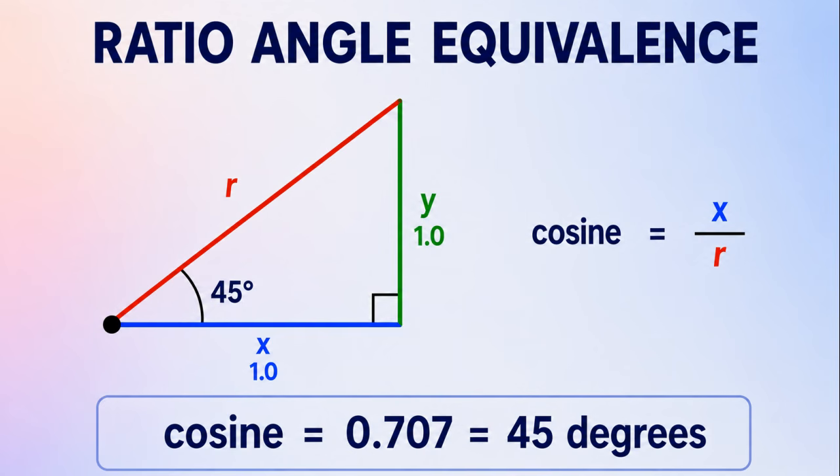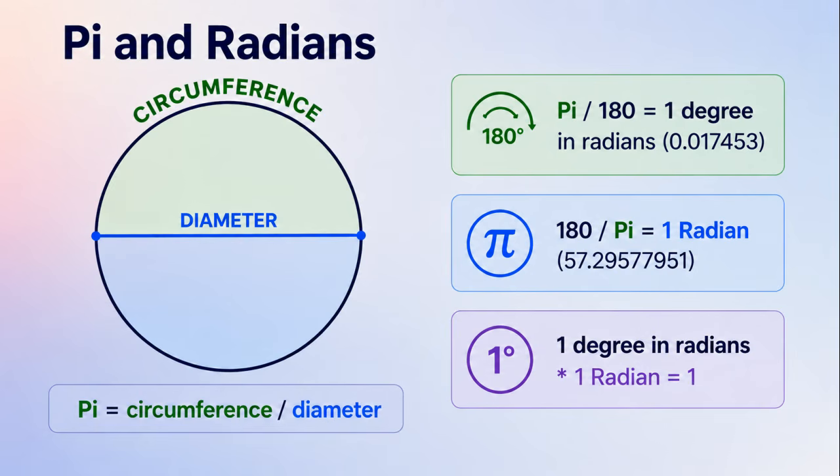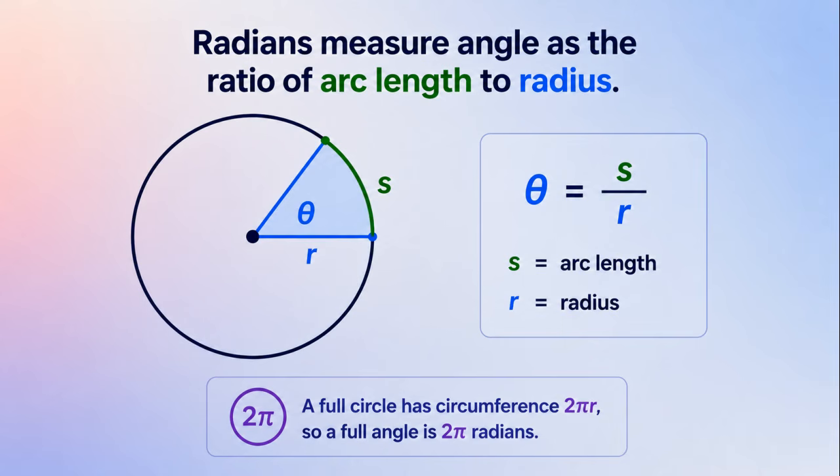Pi is the ratio of a circle's circumference to its diameter. In radians, pi represents 180 degrees. Pi divided by 180 is 1 degree expressed in radians. We use radians because they use the natural geometry of circles. They measure angle as the ratio of arc length to radius.